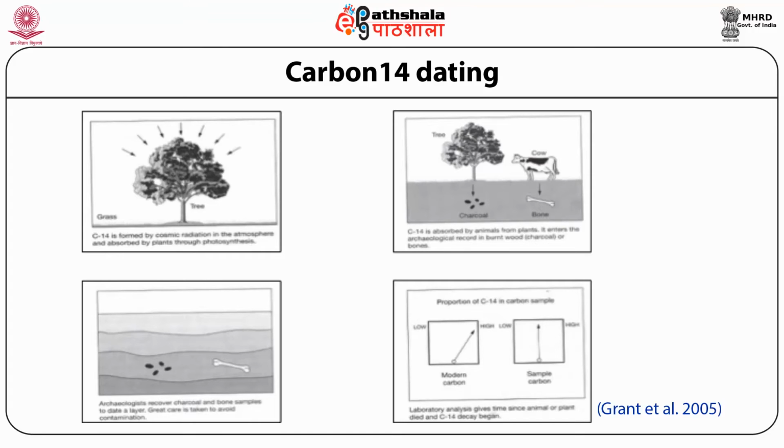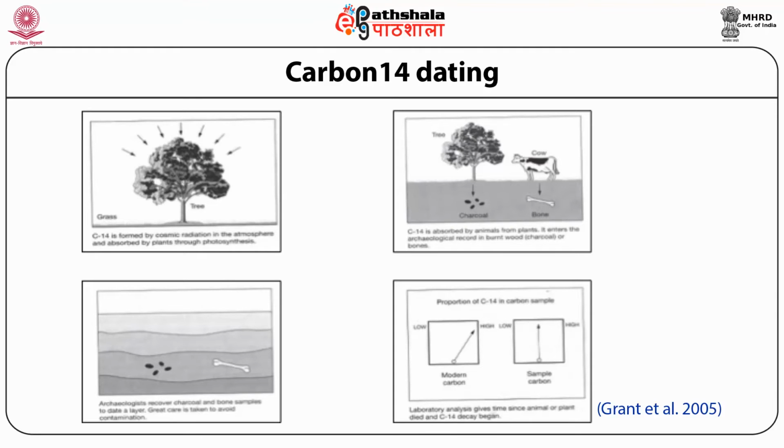It is the most widely used radiometric dating method. This dating method is based on the principle of the decay of carbon-14 into the element nitrogen. The half-life period is 5730 years. Unlike carbon-14, carbon-12 is a stable isotope.